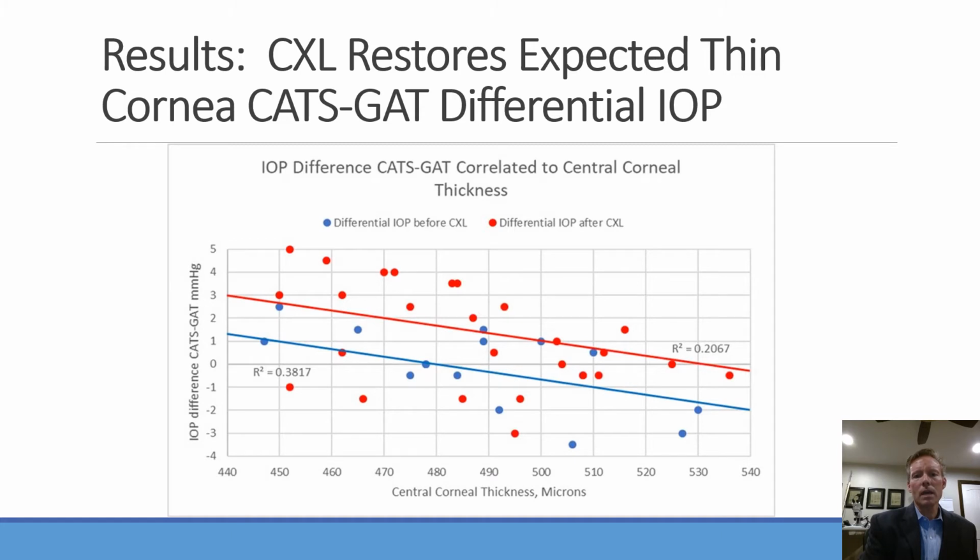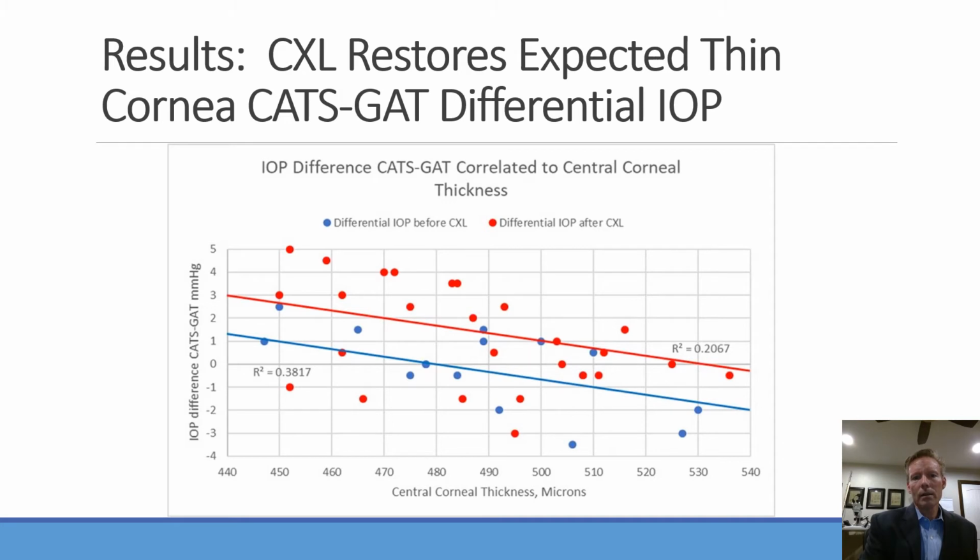This is probably the most telling finding in the study, illustrated by this graph. The graph clearly demonstrates the CATS minus GAT sloped differential IOP correlation to the biomechanical parameter of central corneal thickness. The CATS measures a higher IOP in thinner corneas than the GAT and has been demonstrated in numerous prior studies.